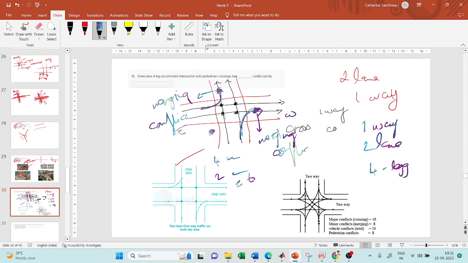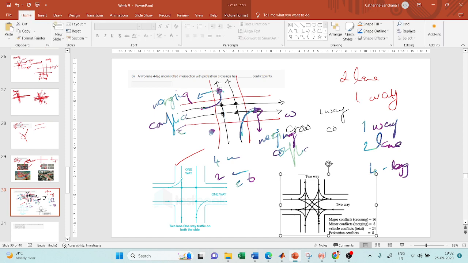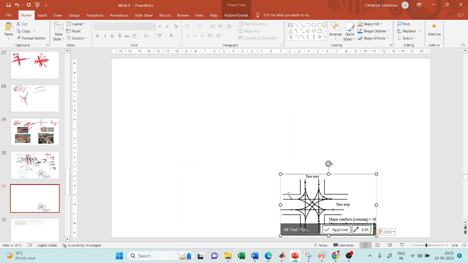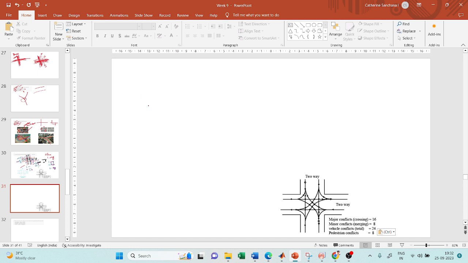Now let us come to the real question. A two-lane, four-leg, uncontrolled intersection with pedestrian crossings. So this is the example. So what is the question? Two-lane.